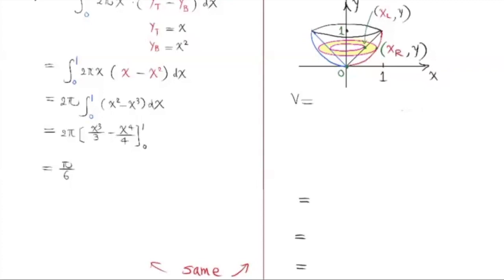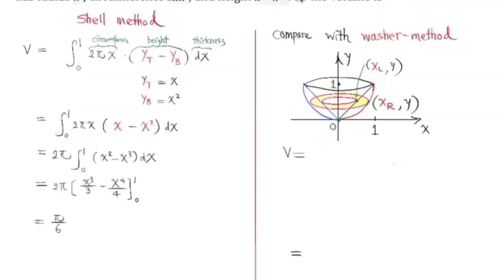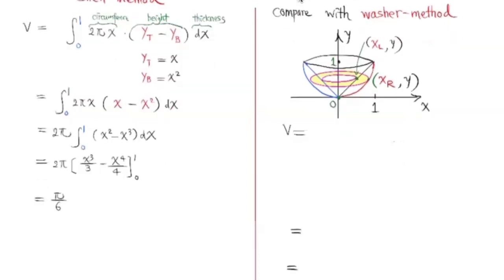Now let's compare this with the washer method. For the washer method, we're going to slice it horizontally. So each slice here will be a washer. The volume of this washer is going to be pi times the outer radius squared minus the inner radius squared, and the thickness of this washer is dy.